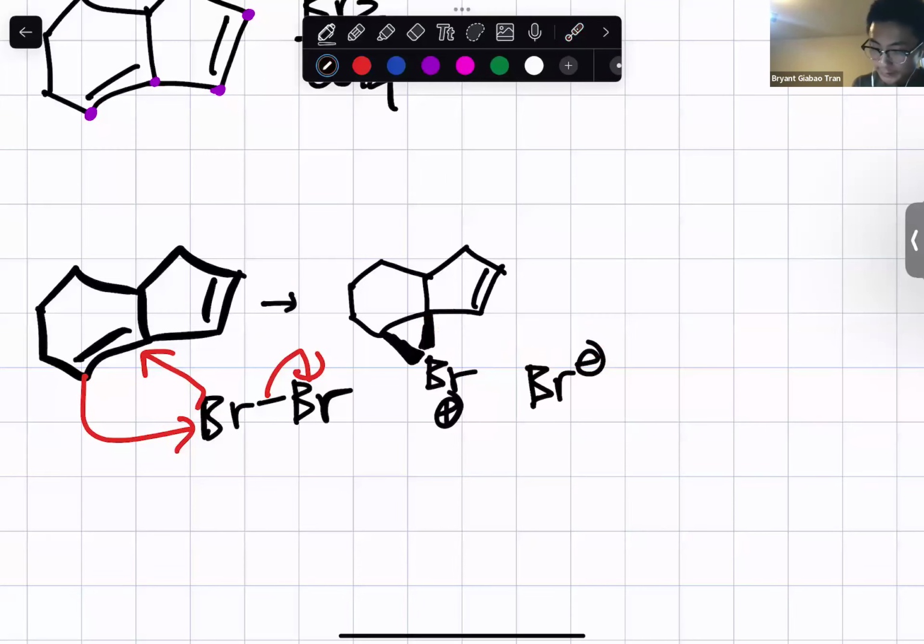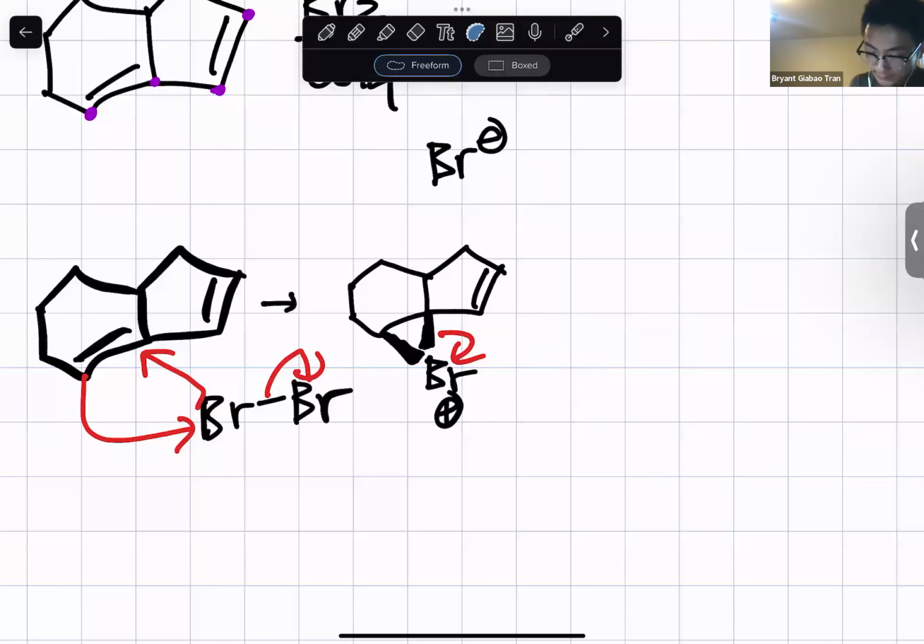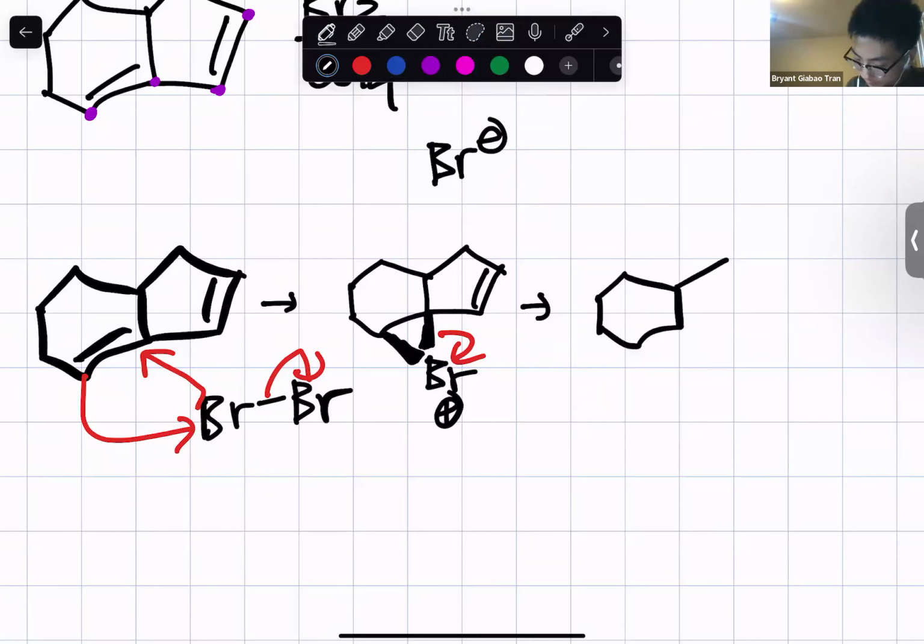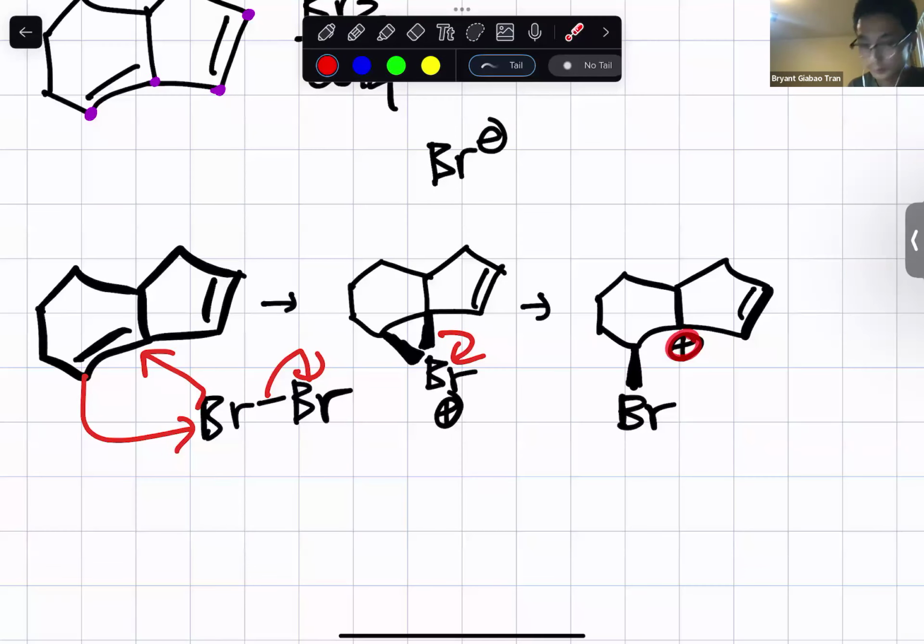What will happen first is that at the more substituted side, we are going to break open the ring first by itself, right? The reason why we can do that is because it will form this really stable carbocation right there. That is allylic. It could do resonance with that double bond right there, right?